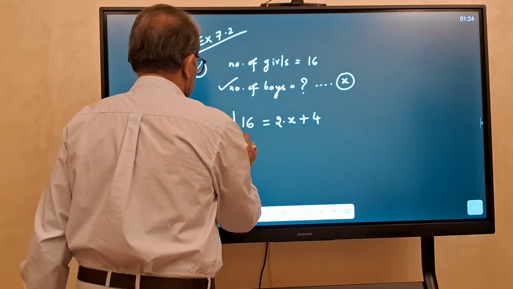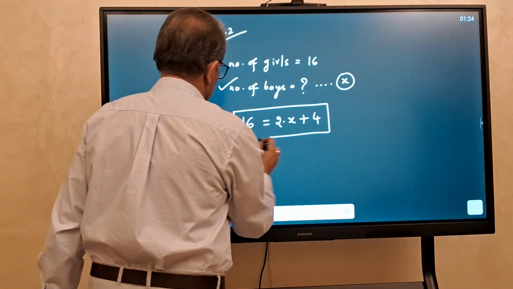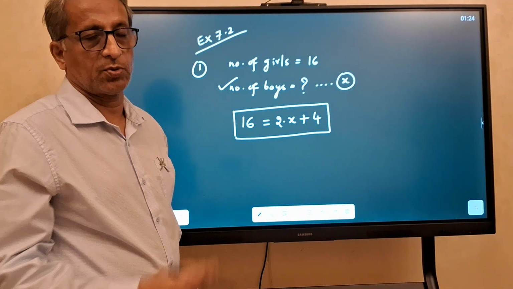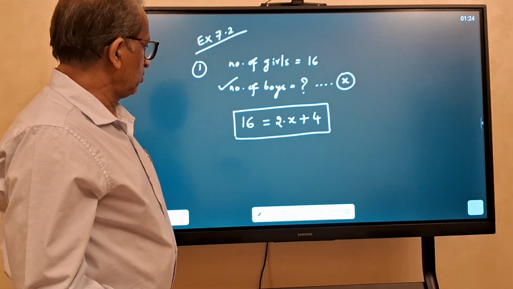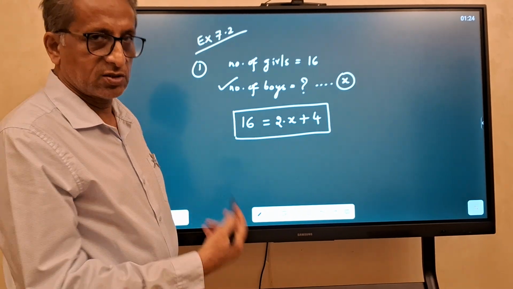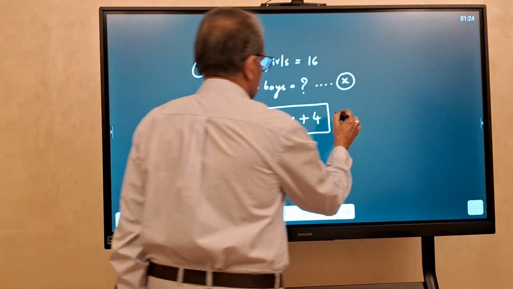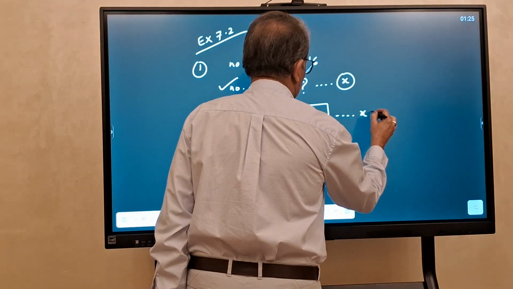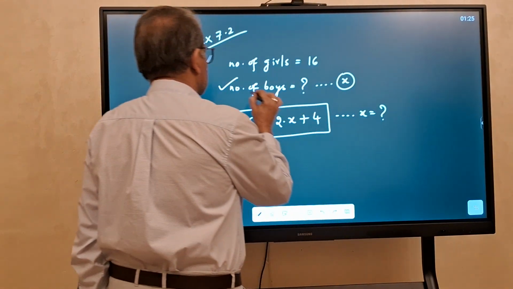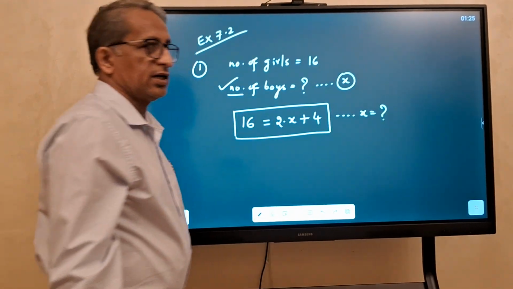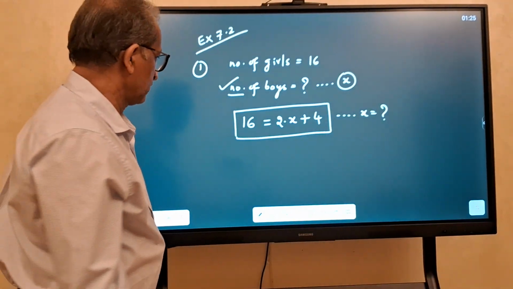So we get a linear equation in this problem, and we know how to solve this. When we solve, we get the value of x, which is what I require, that is the number of boys.